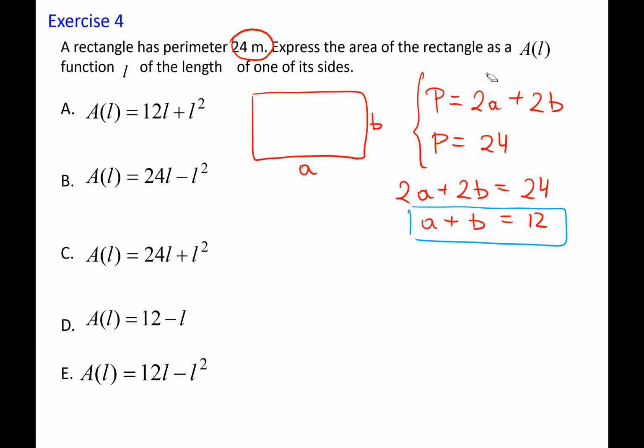Express the area of the rectangle as a function A of L, where L is the length of its side.